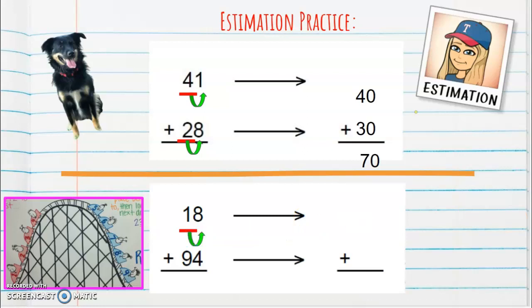Go next door. 5 or more, let it score. 4 or less, let it rest. Remember, the 8 is being the bossy neighbor. The 8 is over here going up the roller coaster, so it is going to tell the 1 to go up. So it is going to change from a 1 to a 2, and the rest turn into zeros.